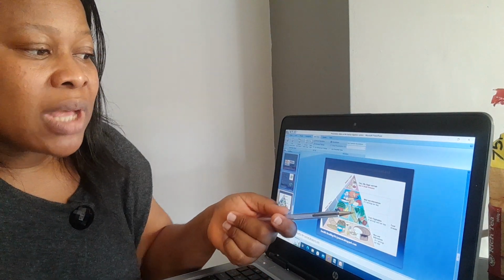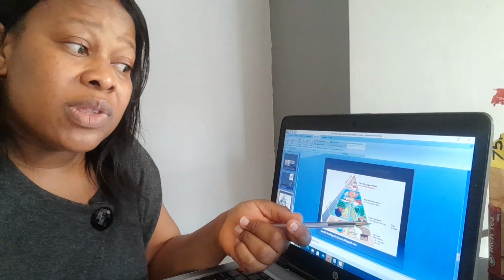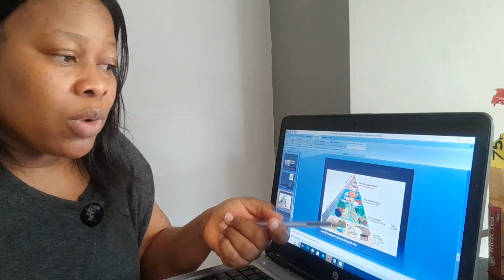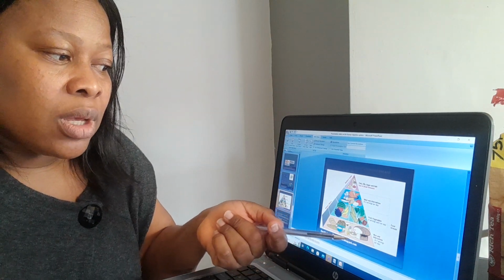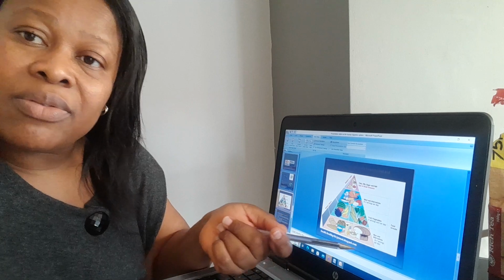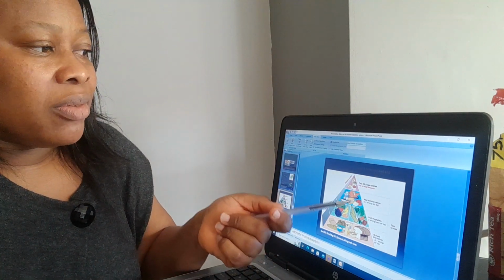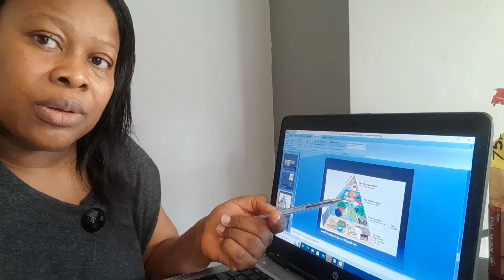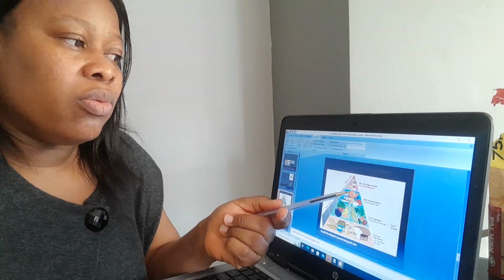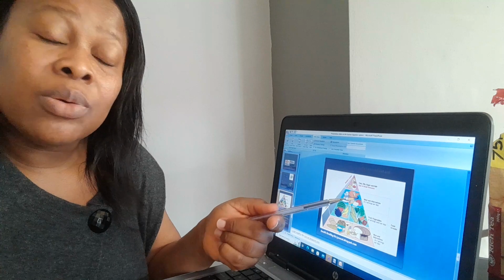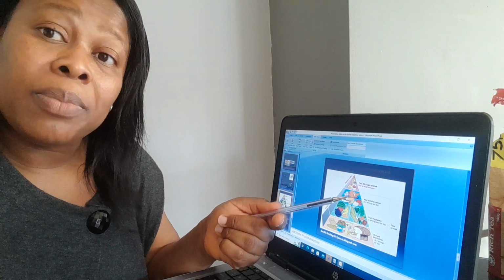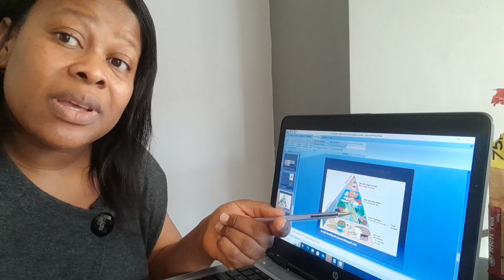Then we have fruits and vegetables, 2 servings each day. And then rice and alternatives, 5 to 7 servings per day. And this, I believe, is a very good example of groups of balanced diets and examples of their sources.